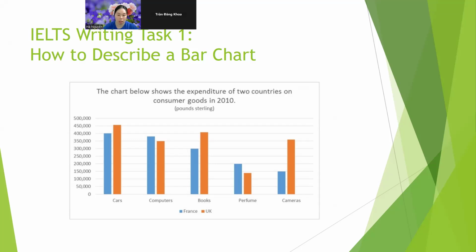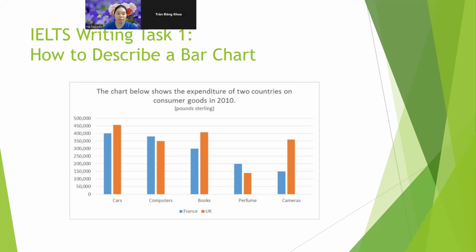The cars, computers, books, perfume, and cameras. And what are the countries? They are France and the UK. And what is the unit of measurement? Pound sterling. Good job.